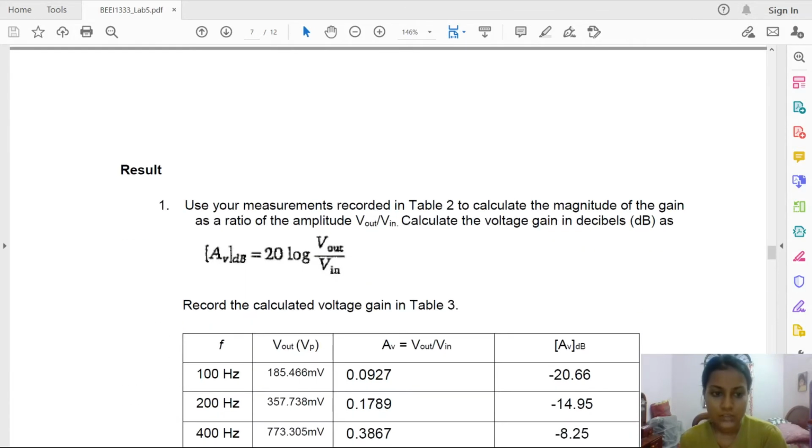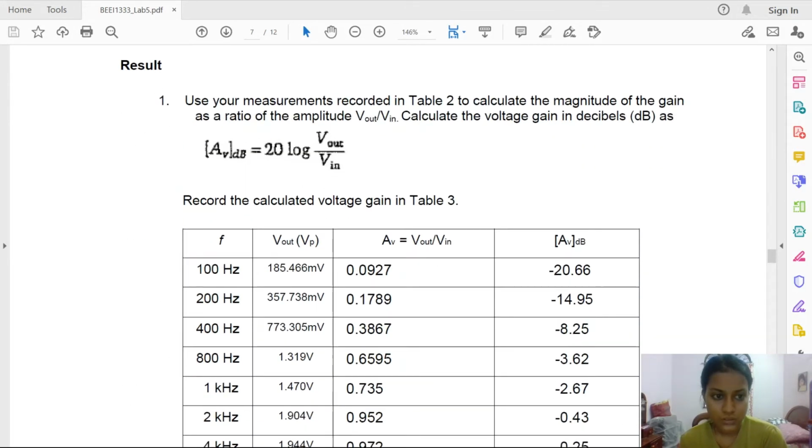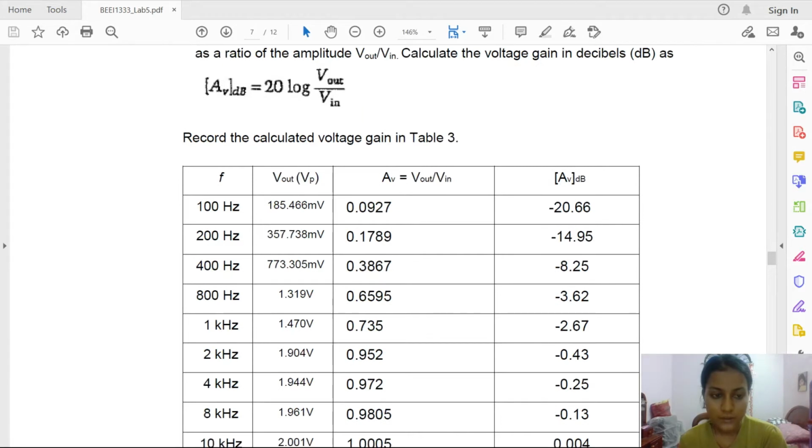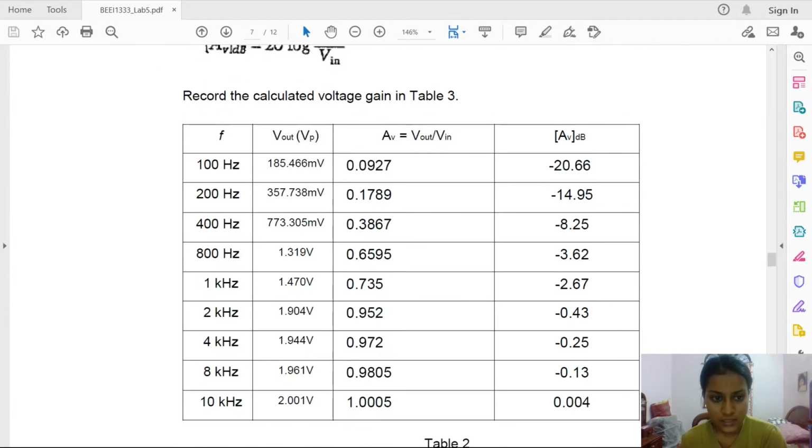Okay, so moving on to the results. As the frequency increases, all three elements also increase, which are V out, voltage gain, and voltage gain in dB.